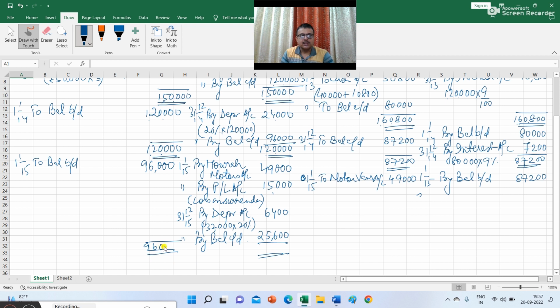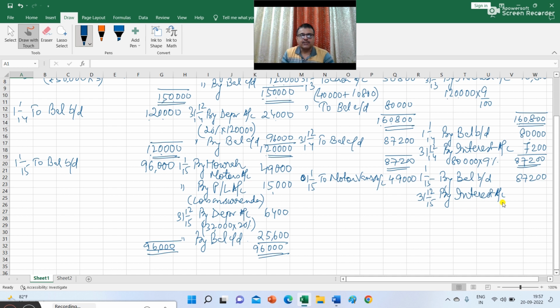So 96,000 is the sum of the debit and the credit side. Now what is the amount which was due to Howrah Motors Company? This is on which the interest will be charged. So on 31st December 2015, we have to charge interest. So interest account debit to Howrah Motors account.